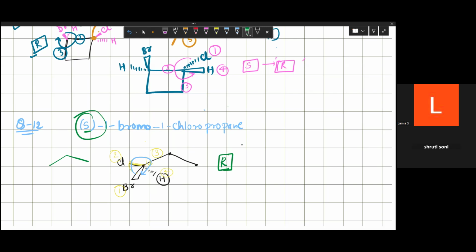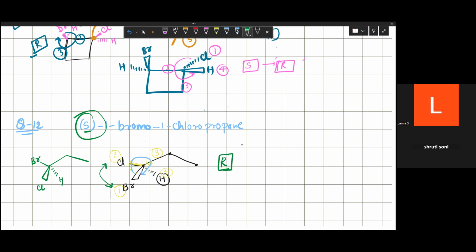Okay, so what I'm going to do, I attach bromine over here and chlorine over here. Let's suppose I attach chlorine, then bromine, and then hydrogen.